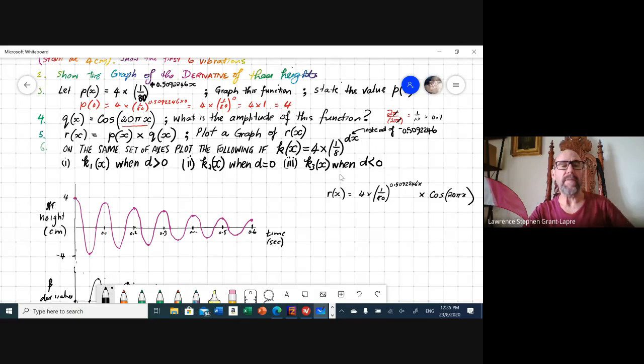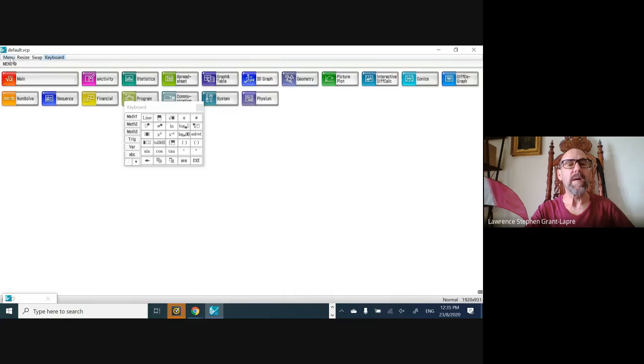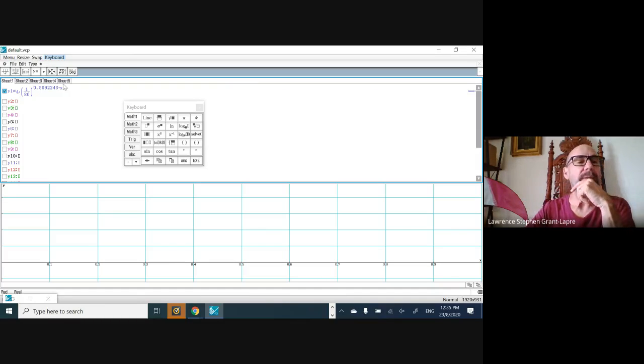You can plot that on your calculator. Go to graph if you want, put in, I might just adjust this and times this by cos of, is it 20?